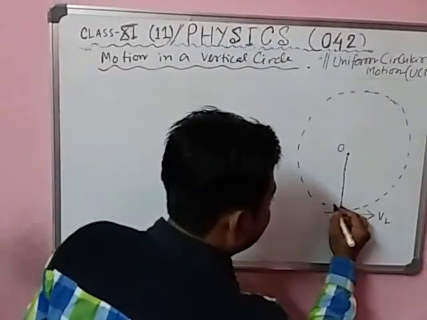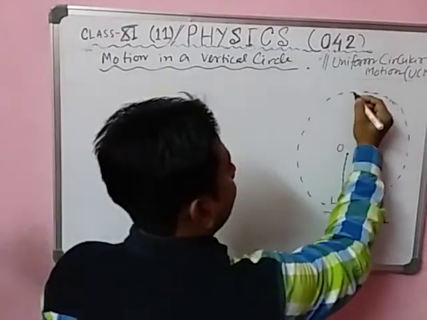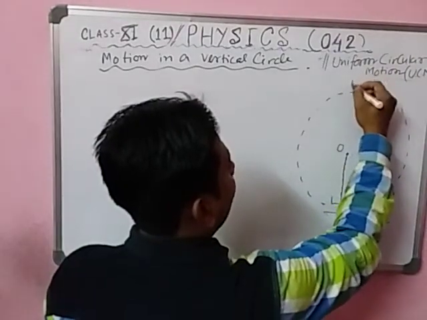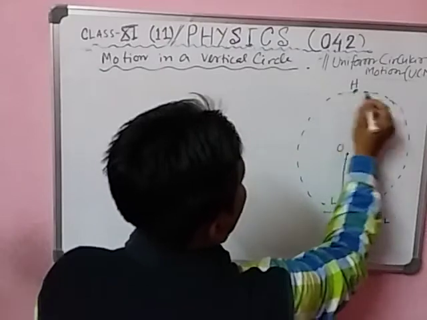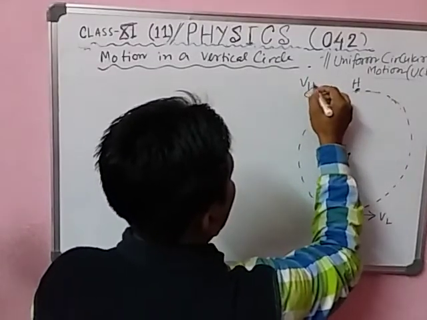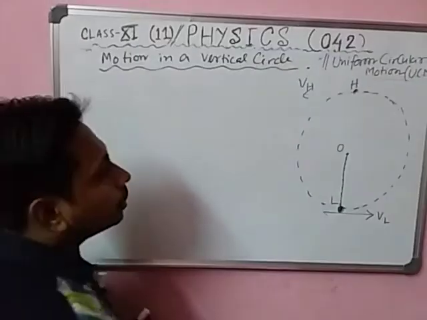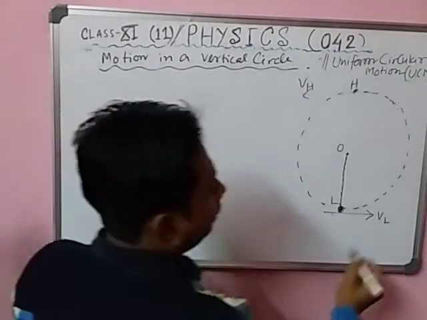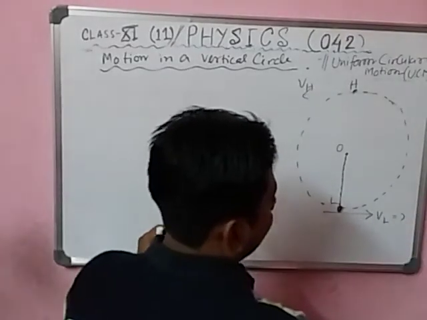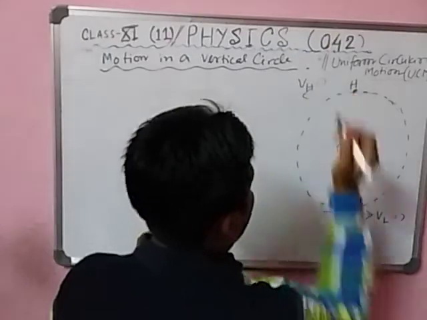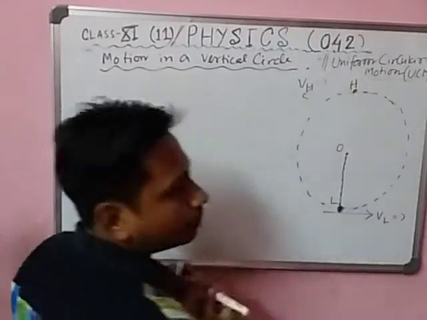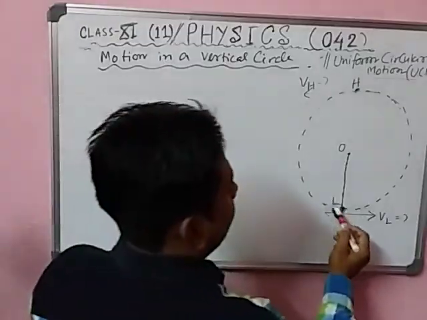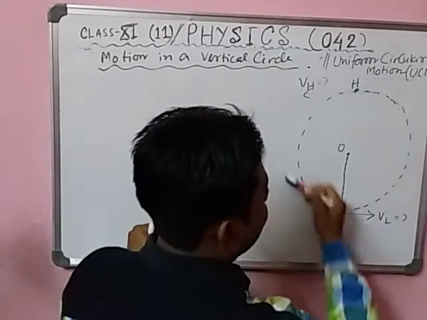This is the lower point L, and this point is the highest point H, where the velocity is the highest point velocity VH. So we are trying to find the lower point velocity and the minimum value of the lower point velocity so that the body moves in a vertical circle.